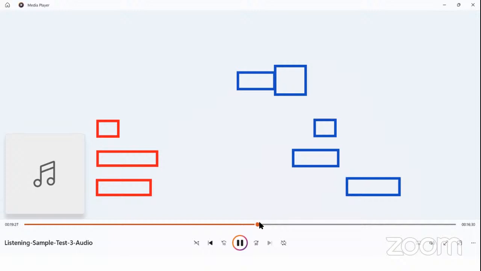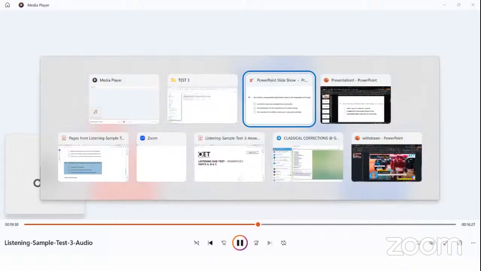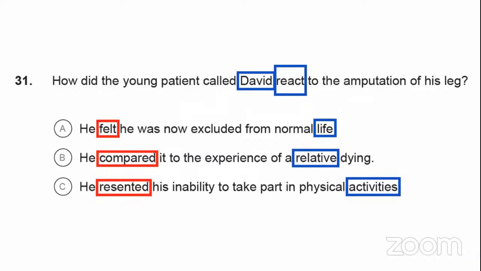That is the end of Part B. Now look at Part C. Part C. In this part of the test, you'll hear two different extracts. In each extract, you'll hear health professionals talking about aspects of their work. For questions 31 to 42, choose the answer A, B or C, which fits best according to what you hear.